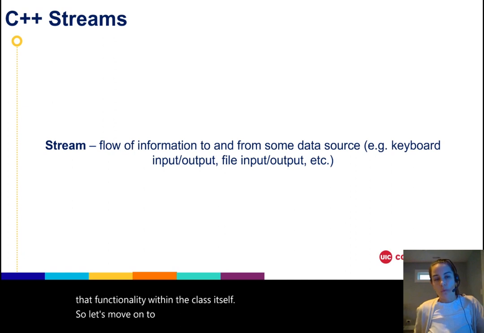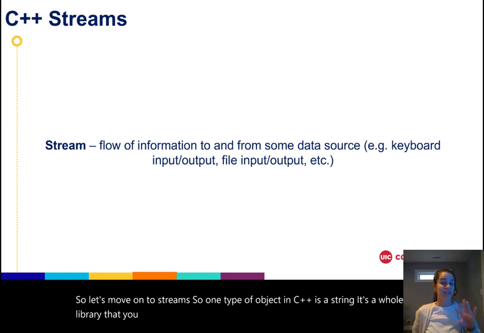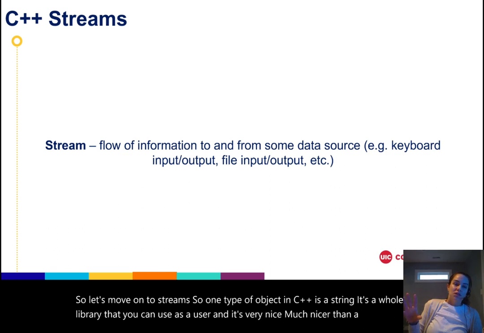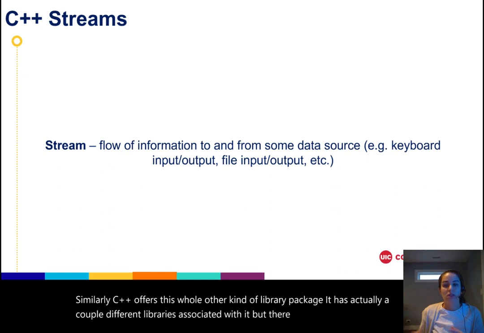One type of object in C++ is a string. It's a whole library that you can use as a user, and it's very nice, much nicer than a char array. Similarly, C++ offers this whole other kind of library package. It has a couple of different libraries associated with it, but they're all called streams.